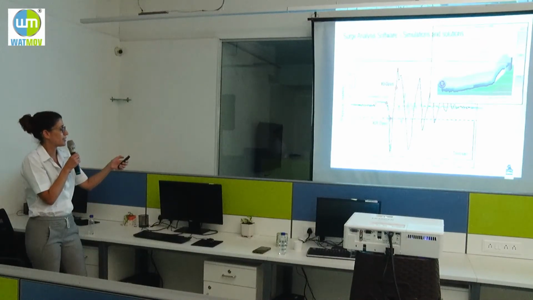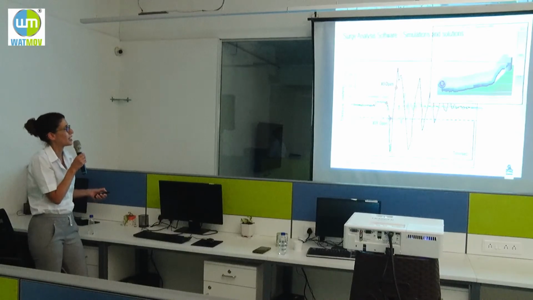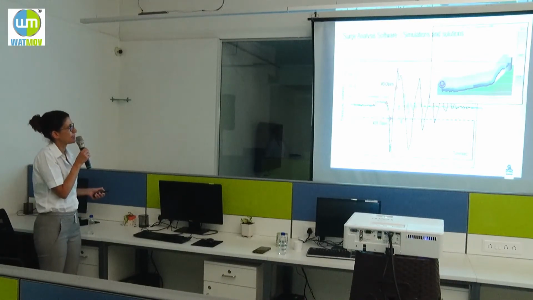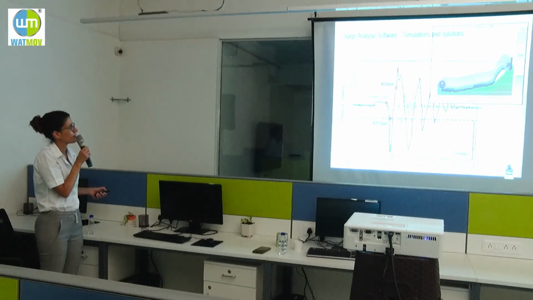So here you can see a system. We ran a surge analysis here, okay? And you can see a graph of a system, the same line in Jerusalem. The green line is already with protection. This is the setting of the high pressure pilot, and this is the setting of the low pressure pilot.